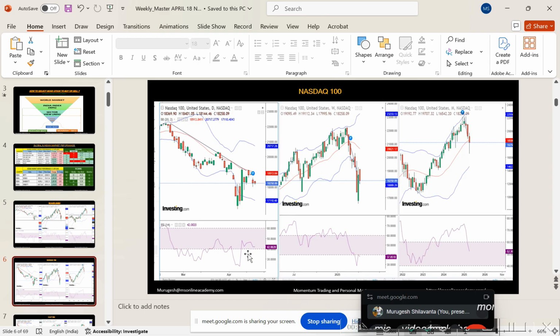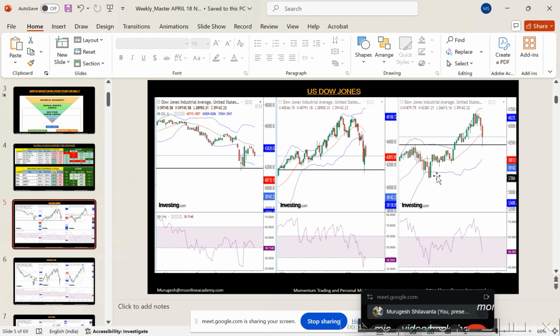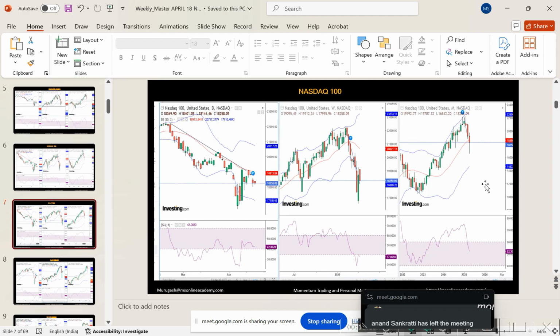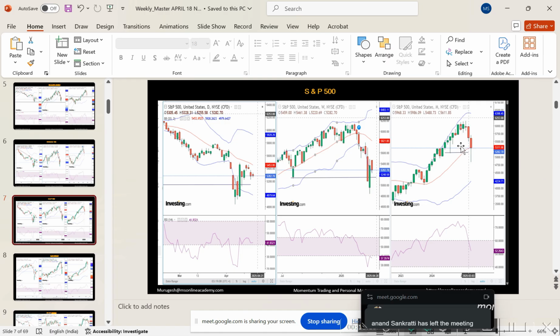Okay, and similarly Nasdaq has the same pattern, there is no difference. Like we have Nifty and Sensex, in the US market there are Dow Jones and Nasdaq, these two are the same things. S&P 500 is just like Bank Nifty. Just as we have Bank Nifty, in the US they have the S&P 500. Same pattern actually.